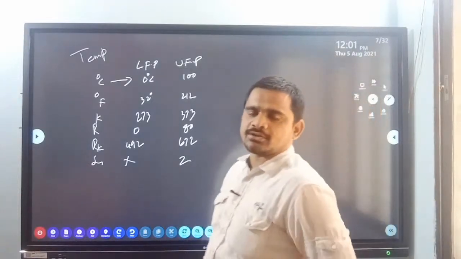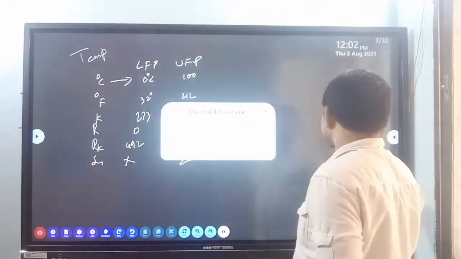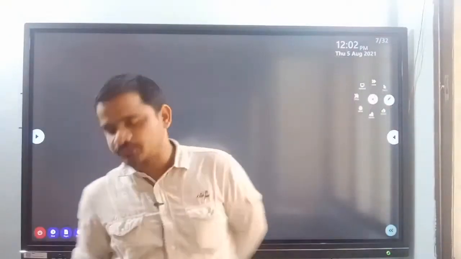So these are the basic things for getting the relation between the different physical quantities for measuring temperature, for conversion from one system of units to another.